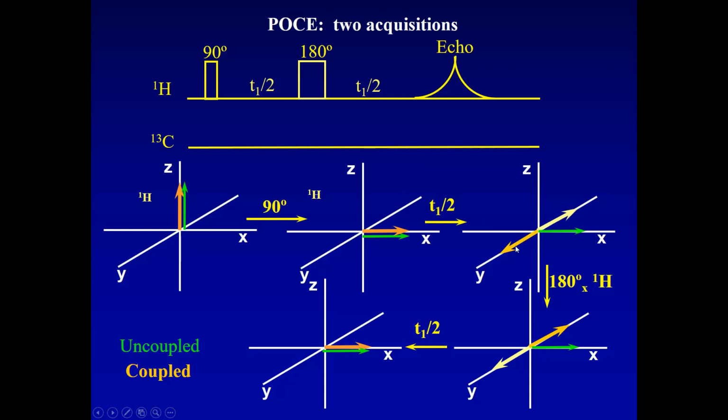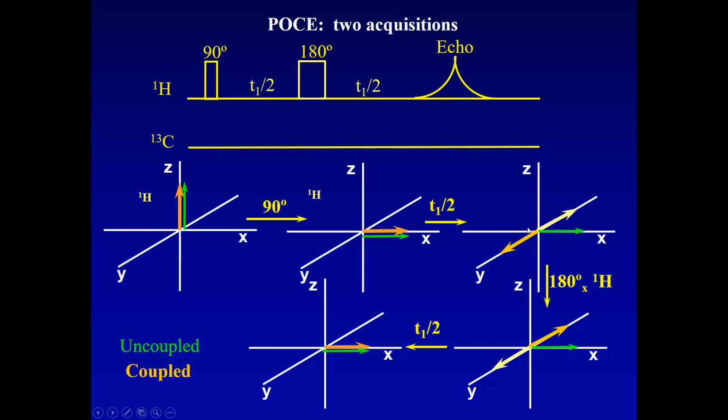This is something that you saw in the polarization transfer. What is the portion of the protons that are coupled to carbon-13? Half of them will precess one direction relative to a rotating frame, and half will precess the other direction, 180 degrees out of phase if we wait just the right length of time.